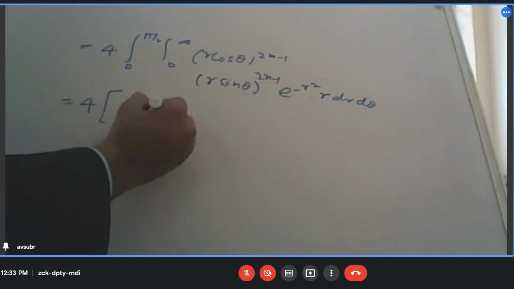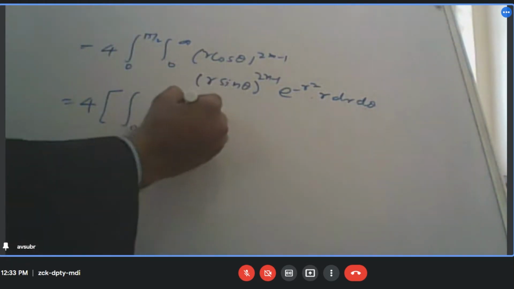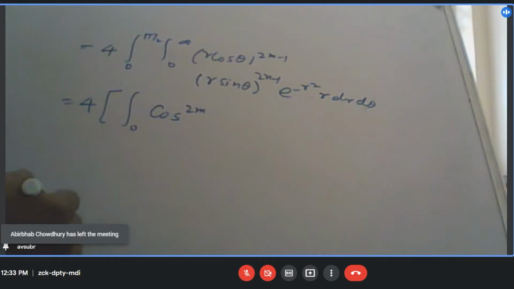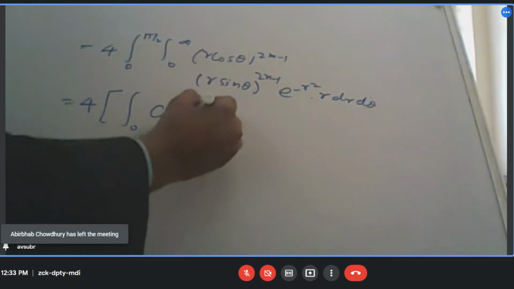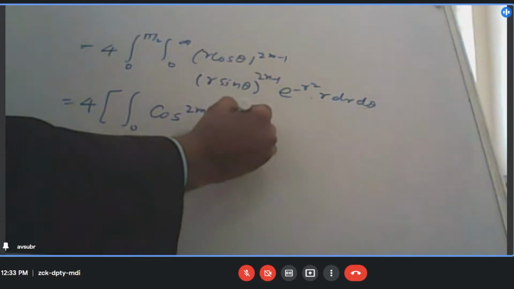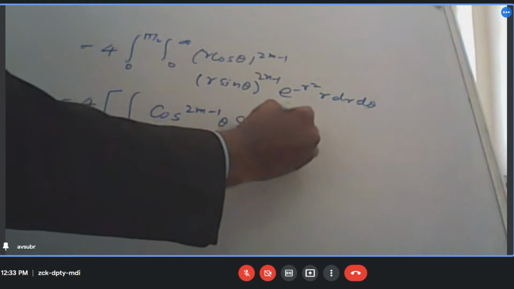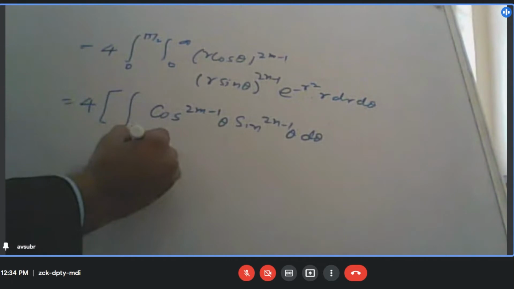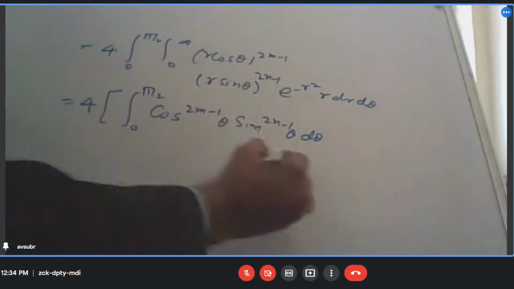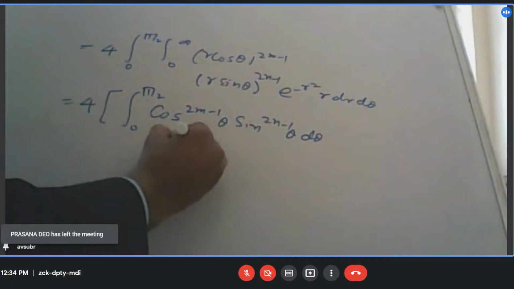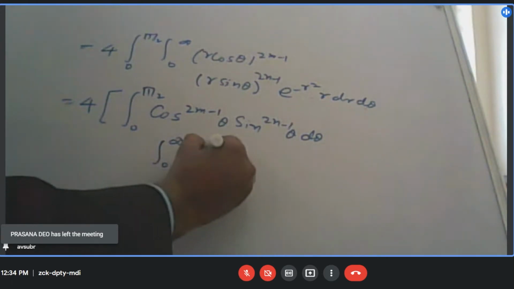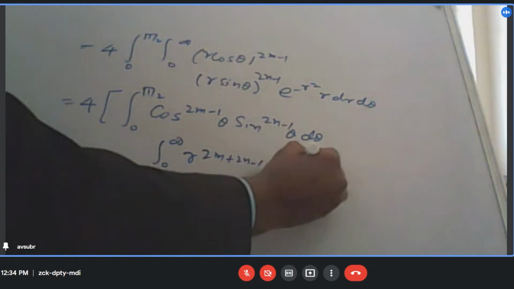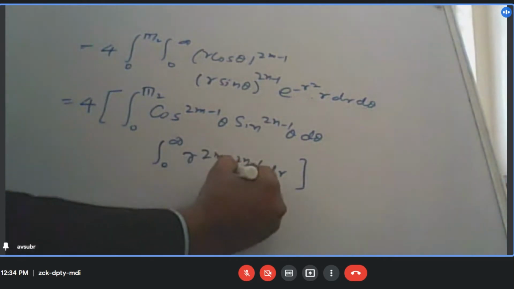So therefore, cos to the power 2m minus 1 theta into sine to the power 2n minus 1 theta d theta, multiplied by 0 to infinity r to the power 2m plus 2n minus 1 dr, into e to the power minus r square.